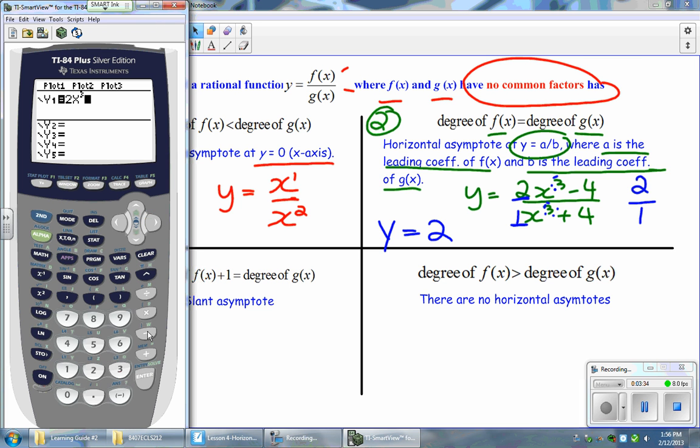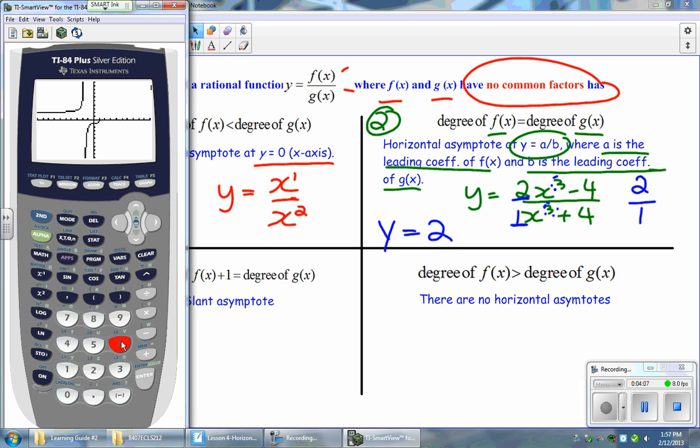Put brackets around your numerator so that your calculator does not get confused: 2x cubed minus 4. Then divide by brackets x cubed plus 4. Try zoom 6 standard and let's take a look at the graph.